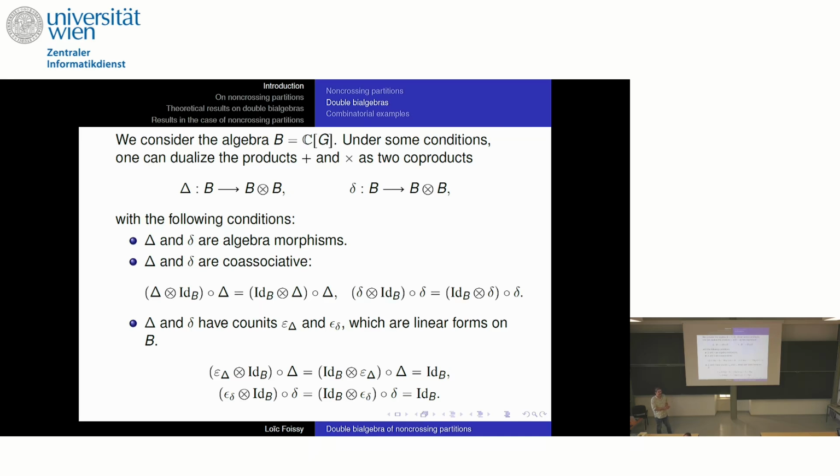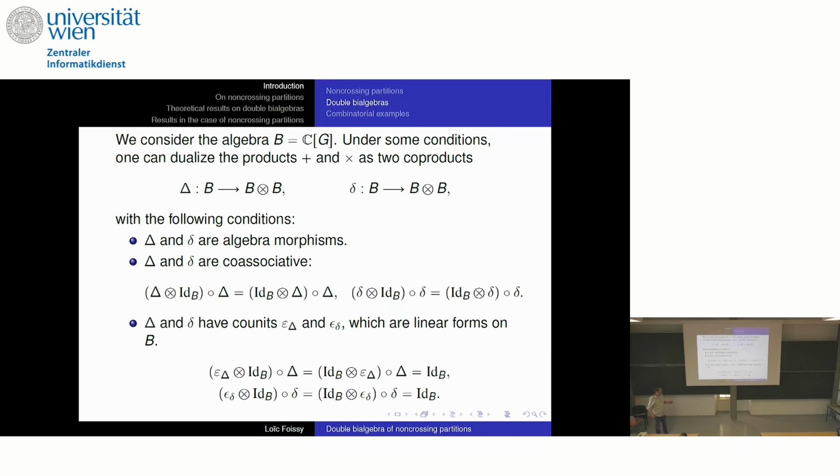There is a dual notion of a unit. So what is a counit? In fact, this is a linear form on B. With this compatibility, so what does it mean? You take an element of B, you cut it into two parts, a left and a right. You kill the left part by applying a linear form. It transforms your element into a scalar.